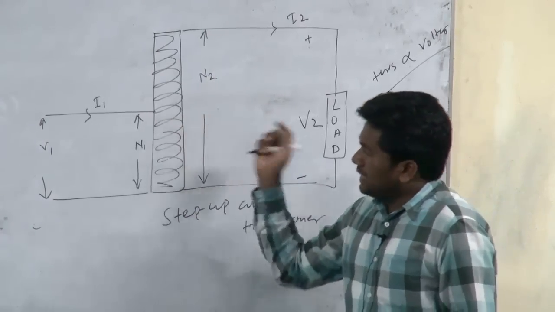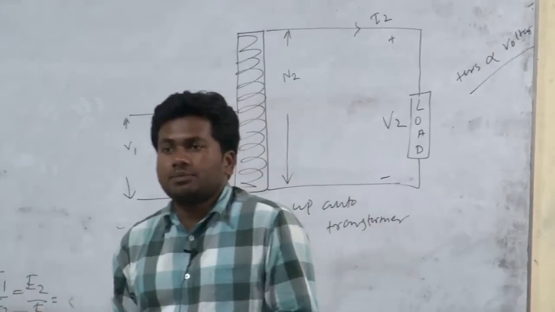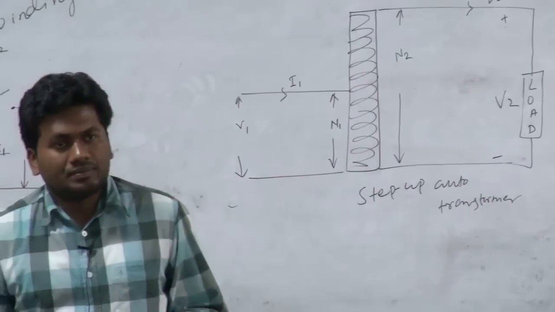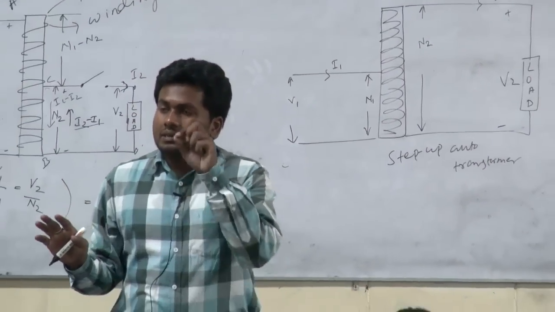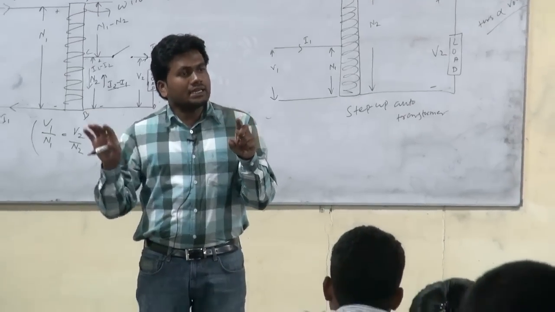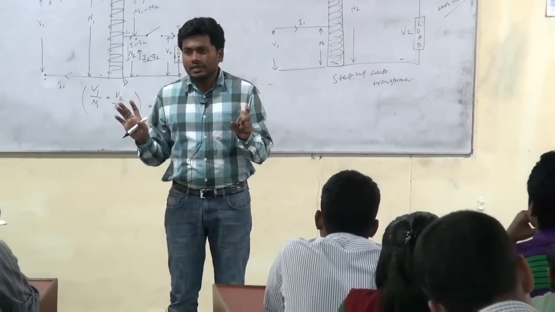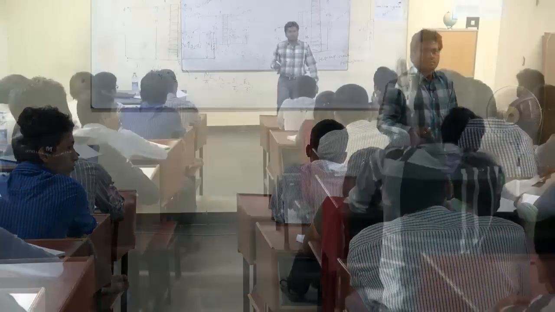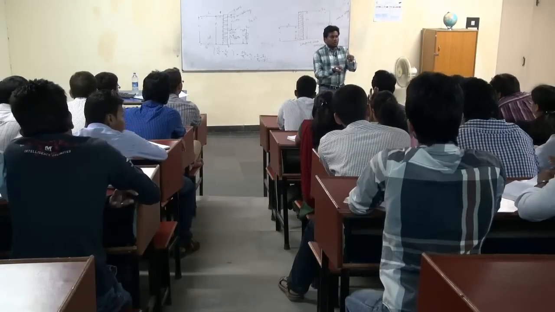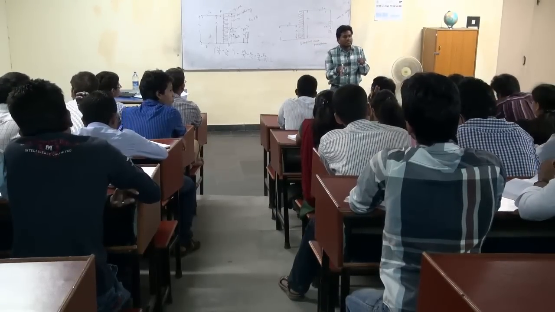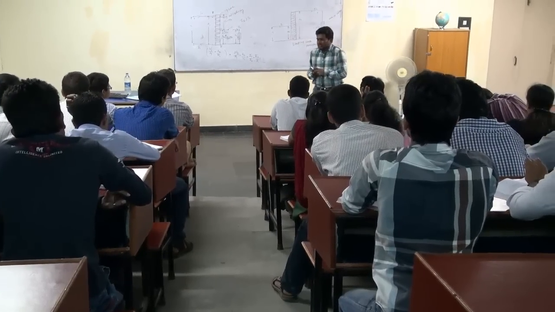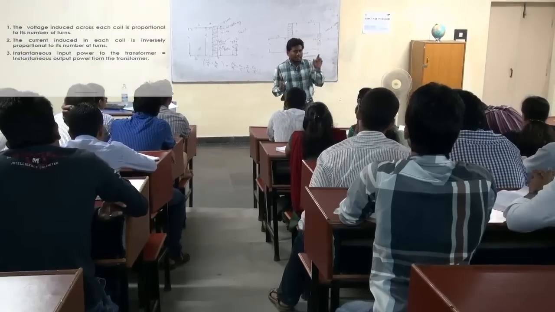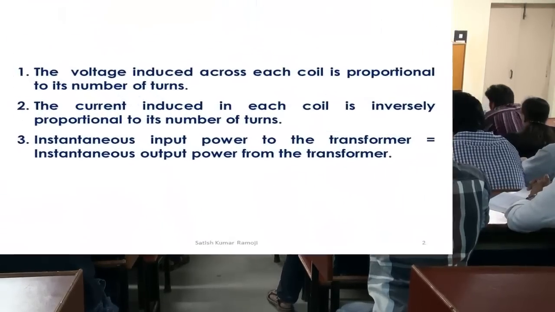So in case of a step up auto transformer, the principle of operation is the same. That means the primary current is more and the secondary current is less. Are you getting it or not? If you have more voltage, obviously the current is less. In case of a transformer, the first and foremost principle is that input VA equals output VA.